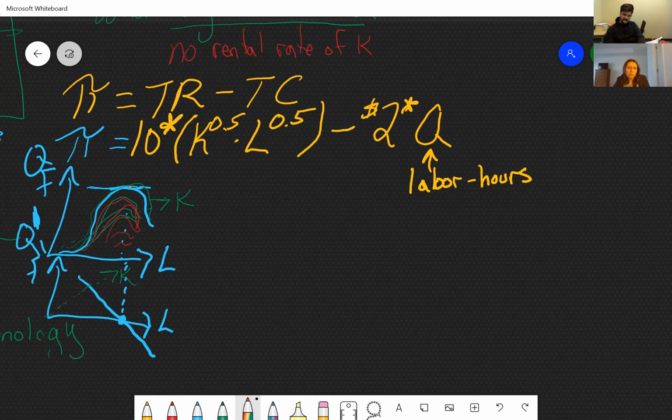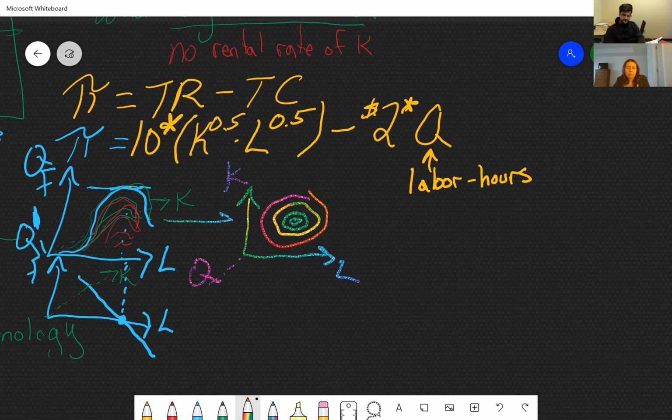So if we look at this particular thing from the advantage of capital and labor, if we kind of split it, right, and then we have the quantity going out here, it's looking like a big kind of mountain thing, is what I'm trying to say.